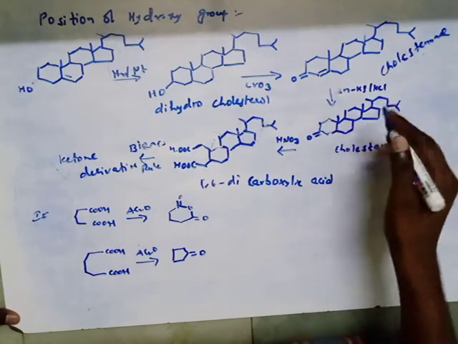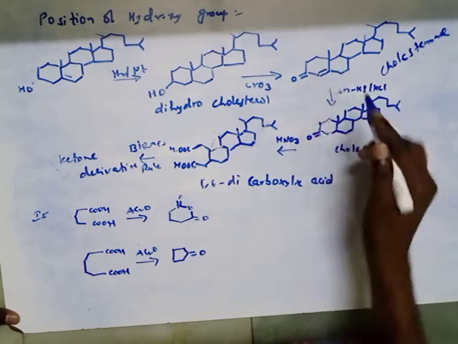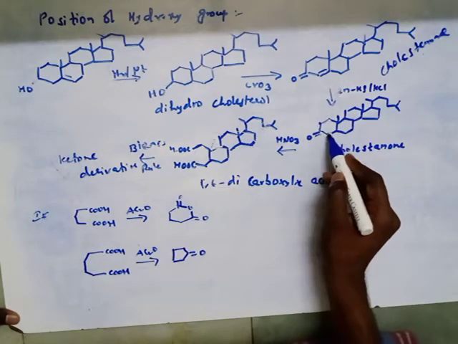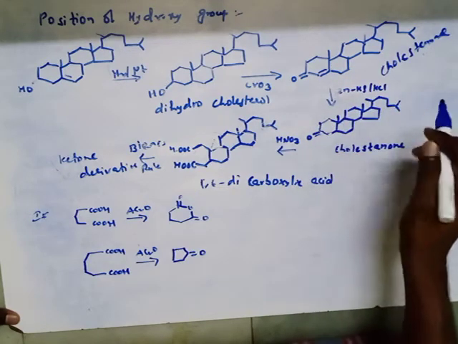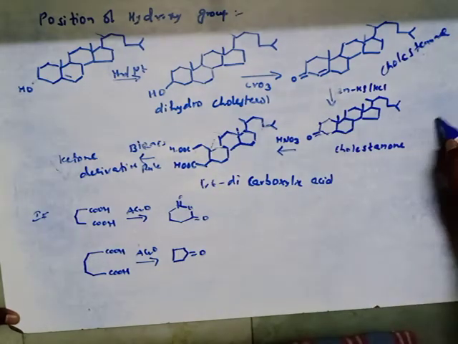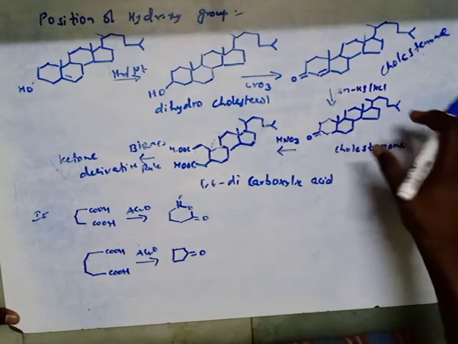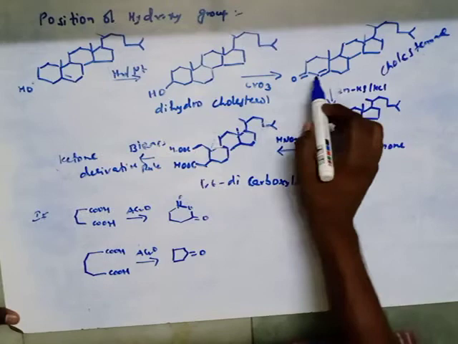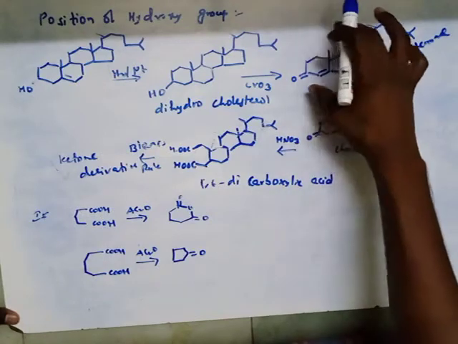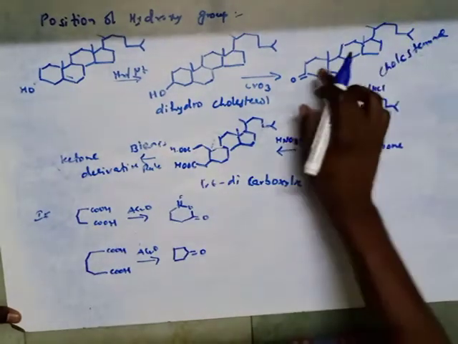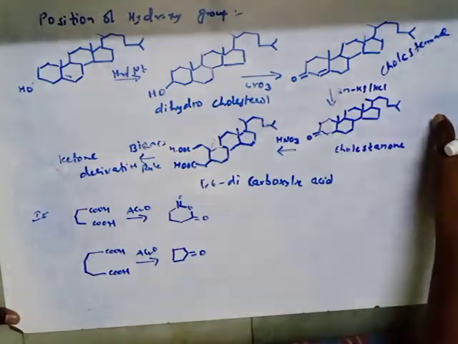If you do another Clemmensen reduction, then the double bond will vanish. Okay, in the previous reaction we said that directly, when we do the Clemmensen reduction of this one, then it will be converted.